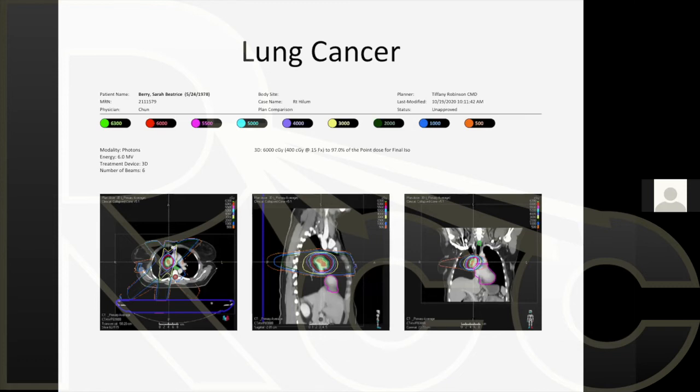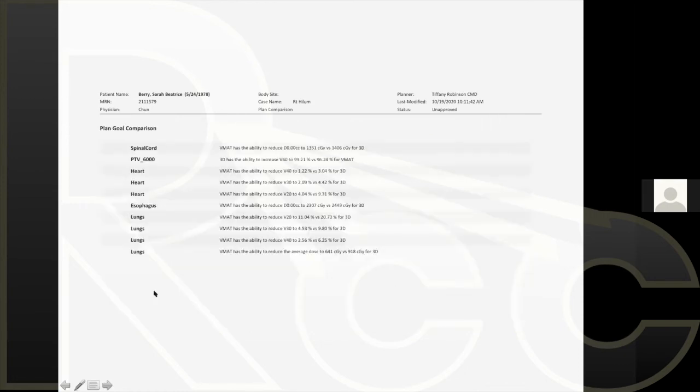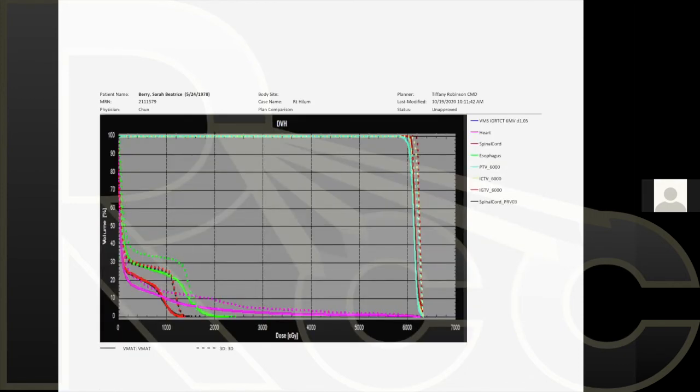So you can see where the 3D conformal really does treat a lot more lung and a lot more heart, and is not as conformal as the IMRT plan, which isn't treating as much of the lung and the heart. Just to show you the DVHs of the different structures: the solid line is the good plan and the dotted line is the bad, conformal plan.